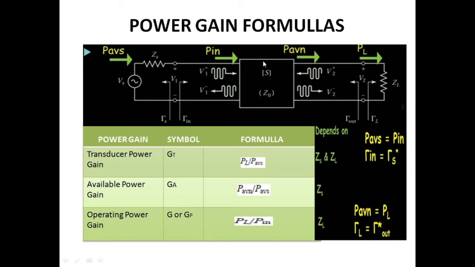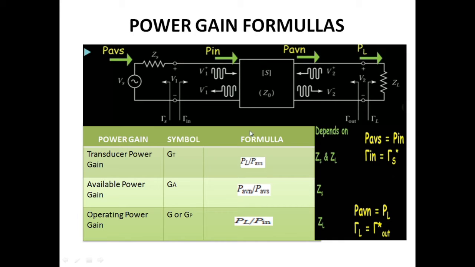So based on these powers, there are three gain formulas. One is the transducer power gain, which is represented as GT, and the formula is PL divided by PAVS. Basically, the gain formula is delivered as output versus input. So here PL divided by PAVS, that means output delivered to the load divided by power available from the source.